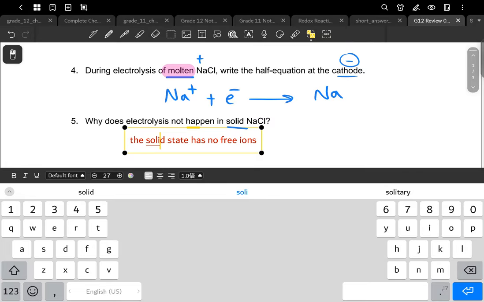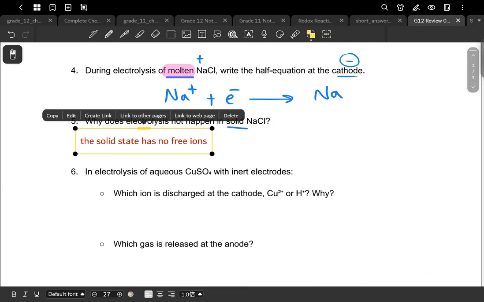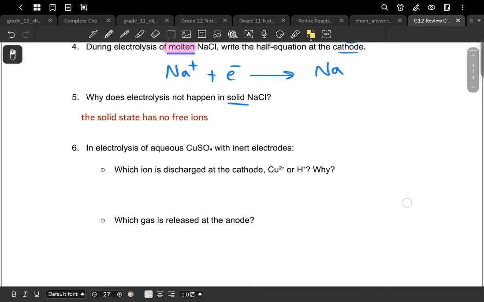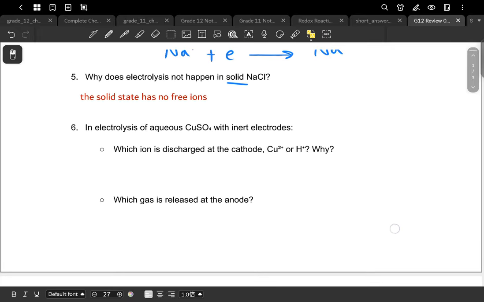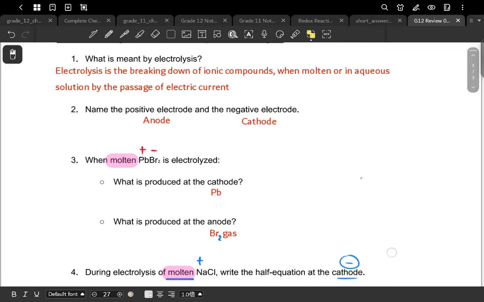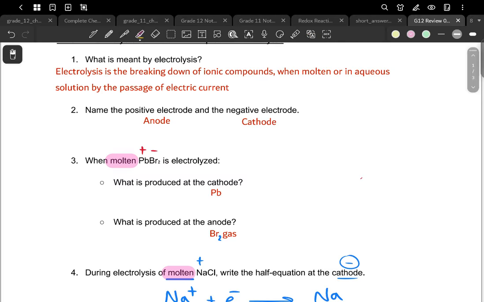That's why electrolysis happens by having the molten or aqueous solution of the same compound. So the ions are free only in the molten or aqueous solutions.